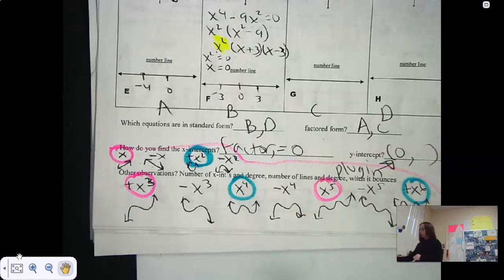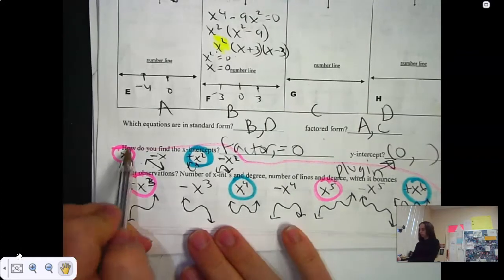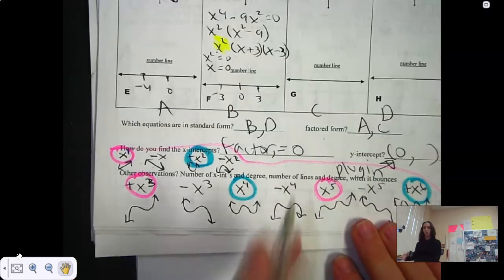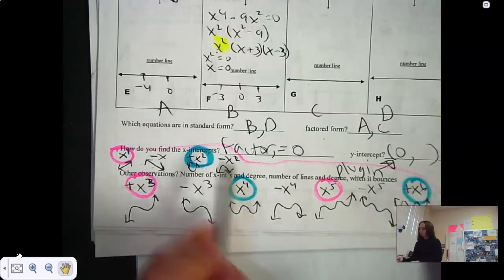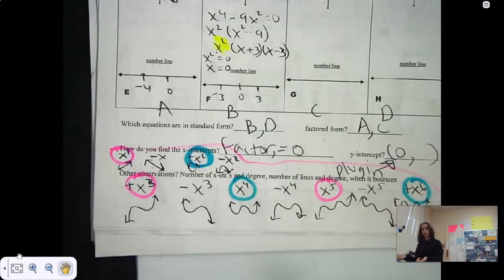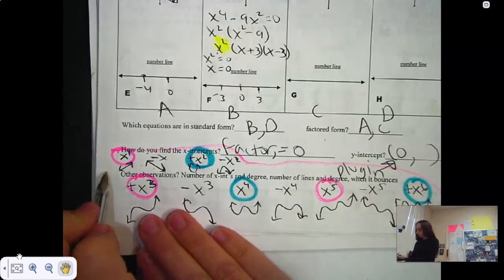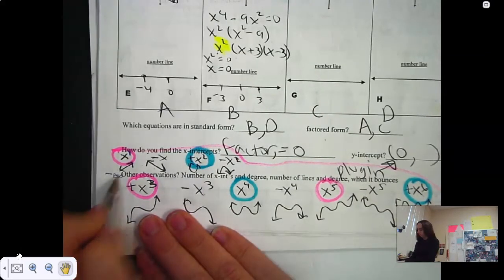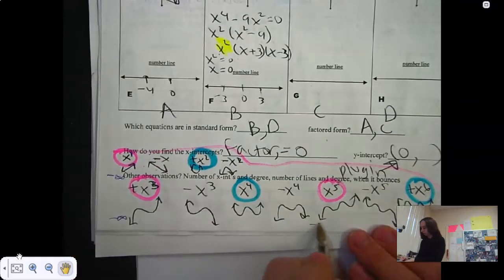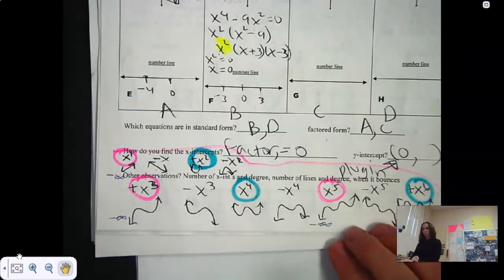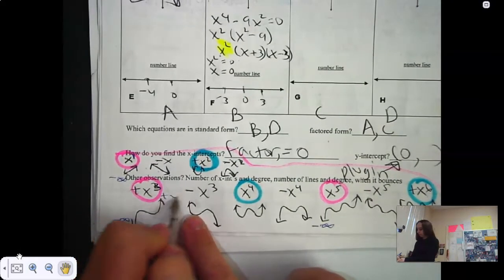What I'm hoping you can see is this is to the first power, the third power, the fifth power. Those are all odd. To the second power, the fourth, the sixth. Those are all even. Notice the end behavior is down here, negative infinity, negative infinity, negative infinity, and then it goes up to positive infinity.